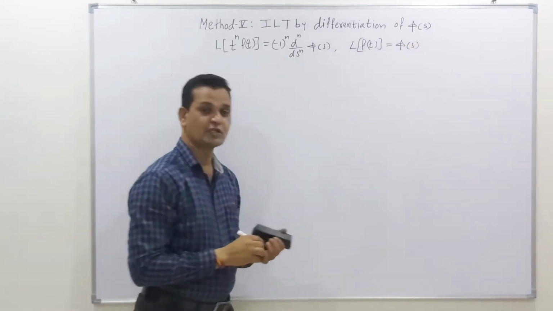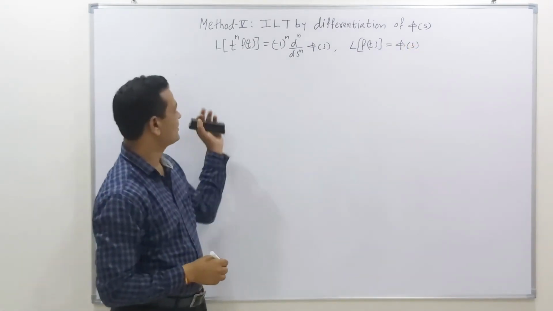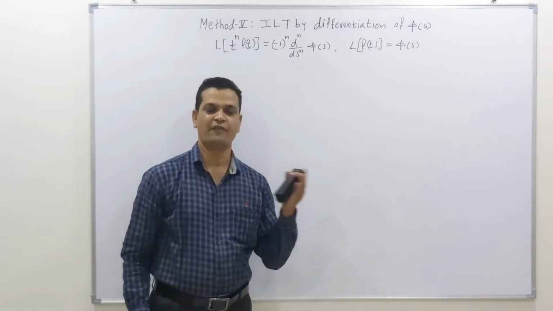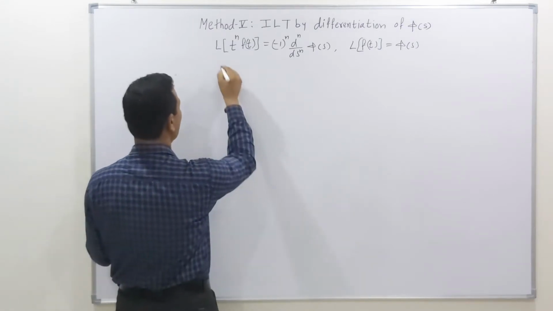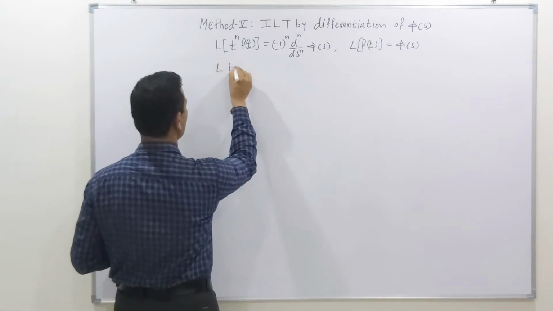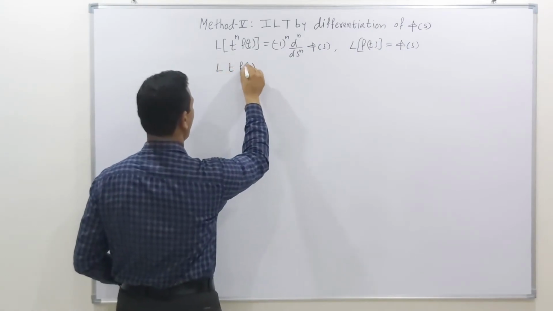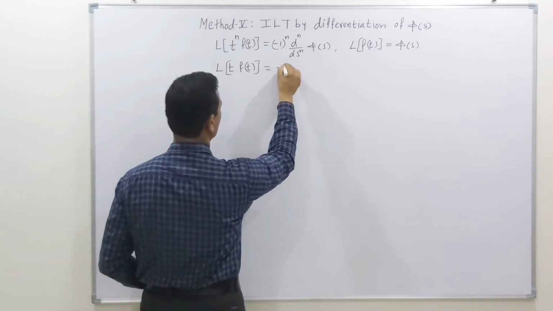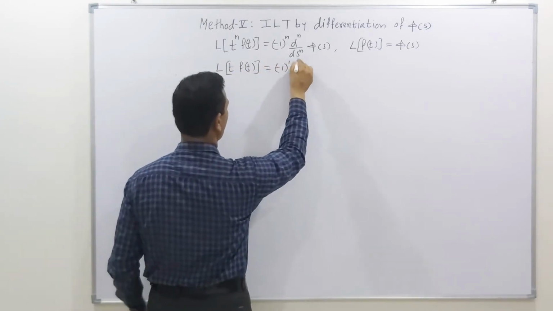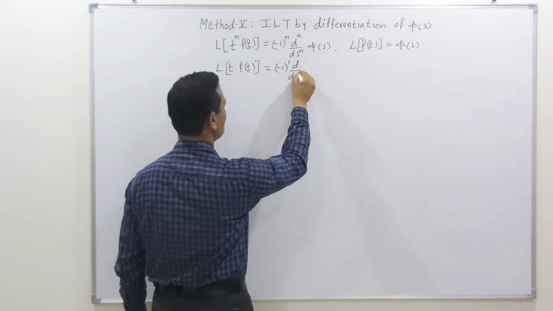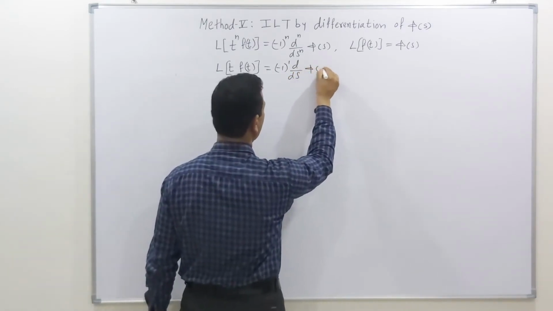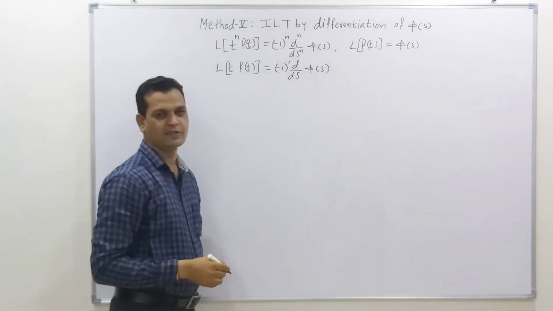So this property is known to us. In particular, if we put n equal to 1, then we get the Laplace transformation of t into f of t is equal to minus 1 raised to 1 into the first derivative of phi of s with respect to s.